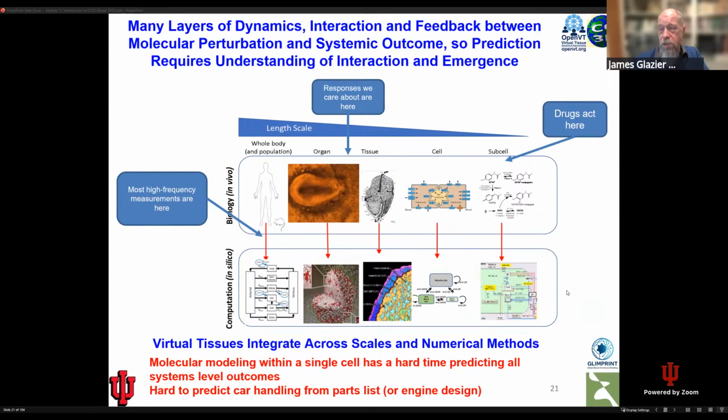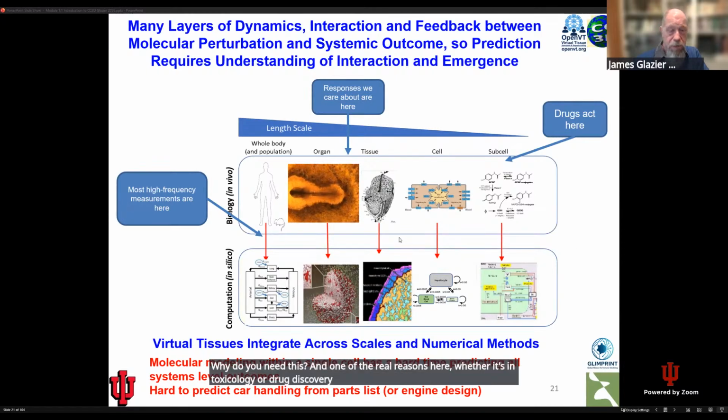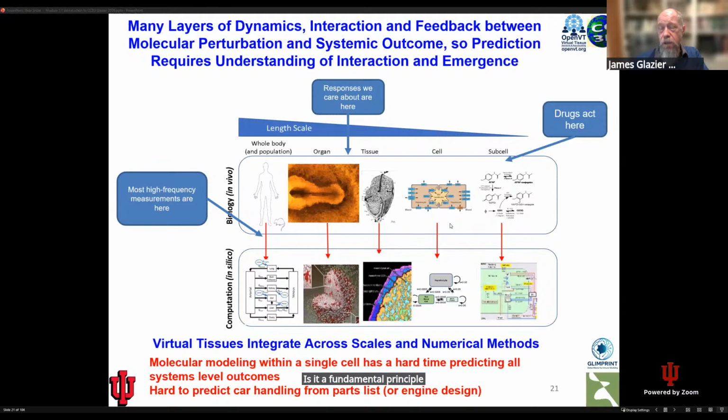Why do you need this? One of the real reasons here, whether it's in toxicology or drug discovery, is that a fundamental principle of engineering control is that you want to apply your control signal, make your measurements at the same length and time scale that you care about for your outputs. However, in medicine, drugs act at a molecular scale inside of individual cells.